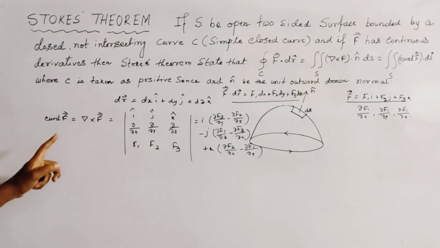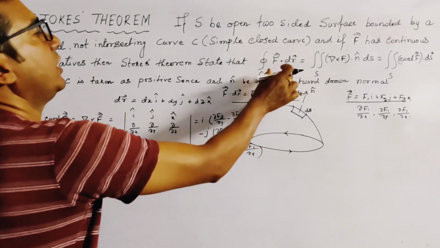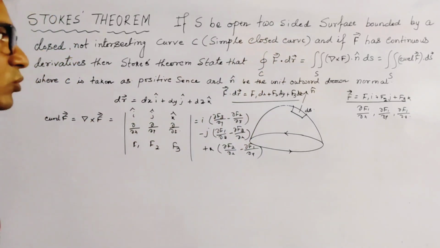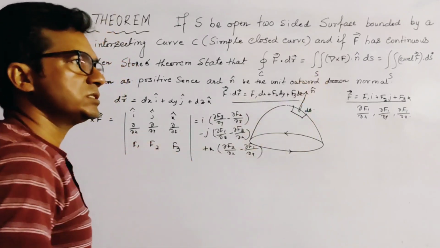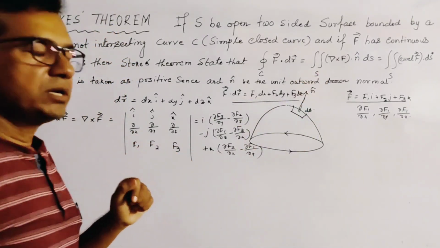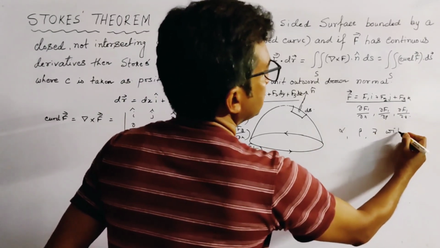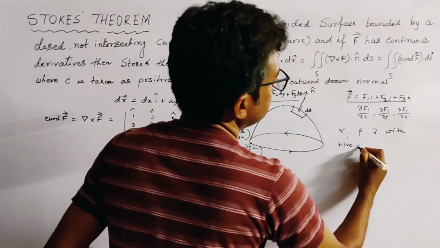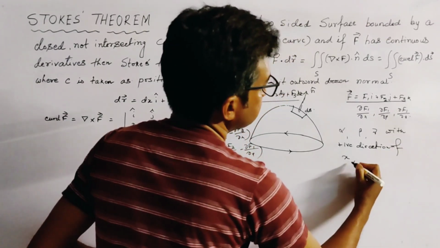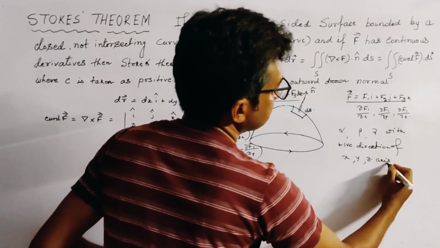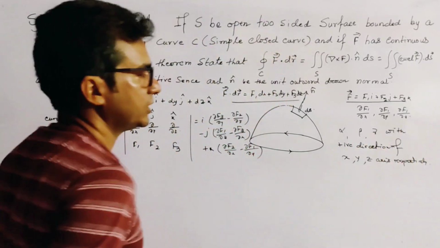Okay, now we put the value of curl f and the value of f dot dr, but first we find n cap. Let this outward unit normal make angles alpha, beta, gamma with the positive direction of the x, y, z axes respectively.